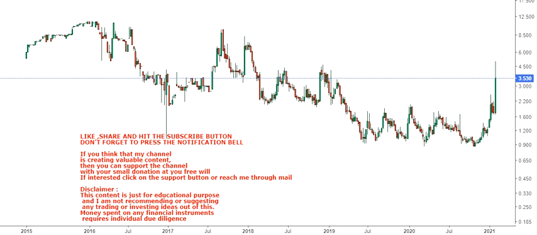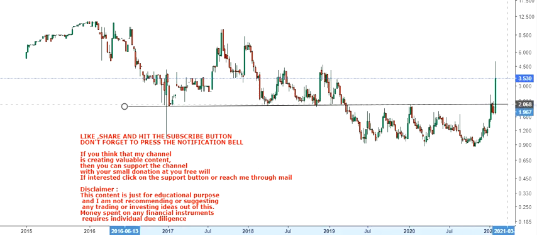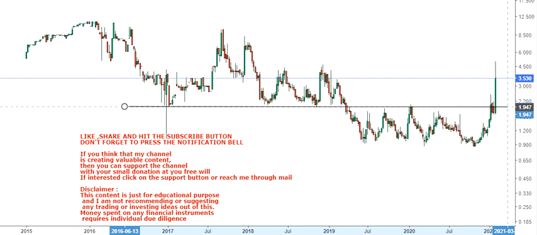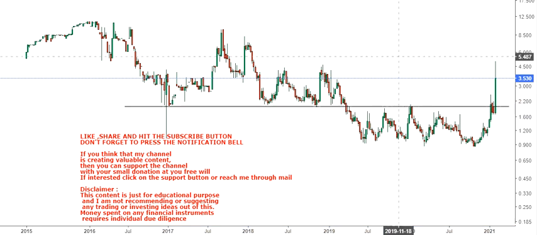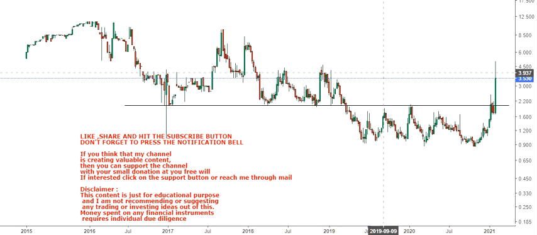Friends, in this video we're going to discuss the long-term chart of Time Technologies. And if you can see the chart of Time Technologies, let me show you what I'm talking about. So here, if I draw a line like this, then you can see this level, specifically this level.